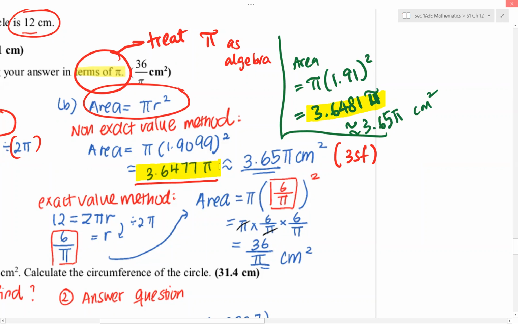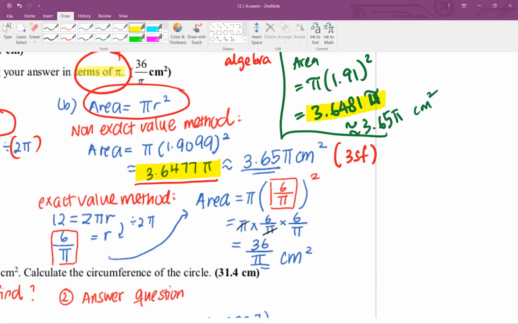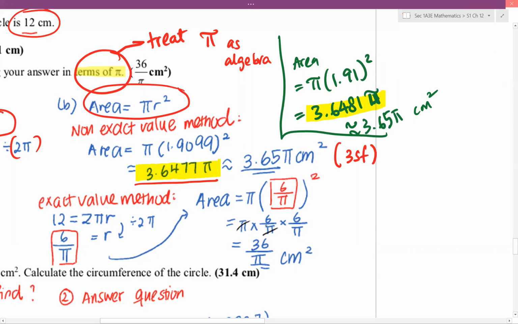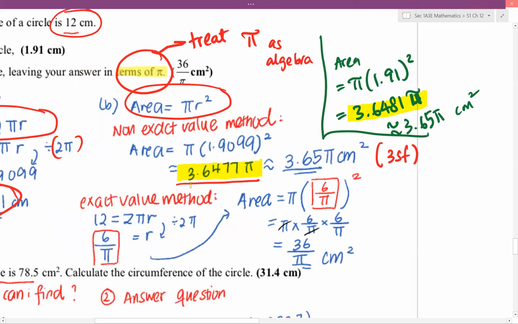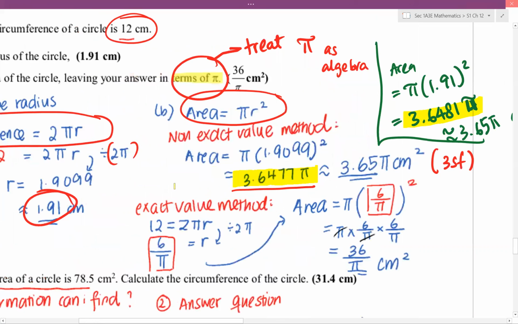Are they the same? No, they're not the same, they're different. Which is more accurate? The 3.6477 is more accurate, right? I refrain from saying exact because it is not exact in the first place. Over here, where did it come from? It came from this, which was not exact also.